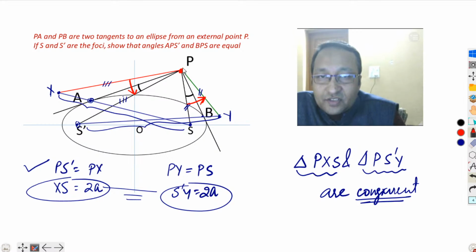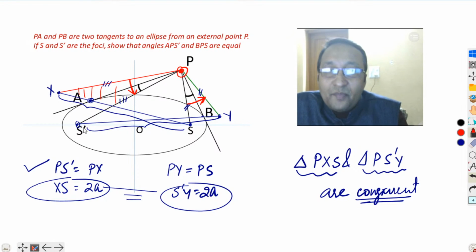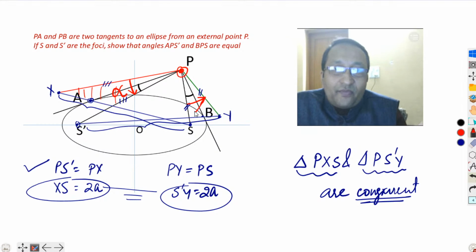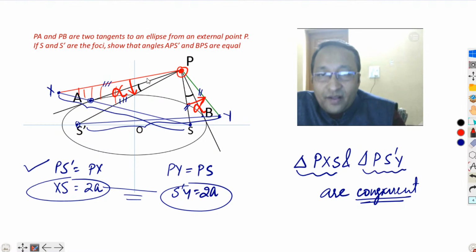Just imagine the initial triangle being rotated about P to a certain angle to become PS'Y. So if this angle rotated was alpha, of course this angle is alpha, and the angles in question, by symmetry, are half of it because we have taken the mirror image.